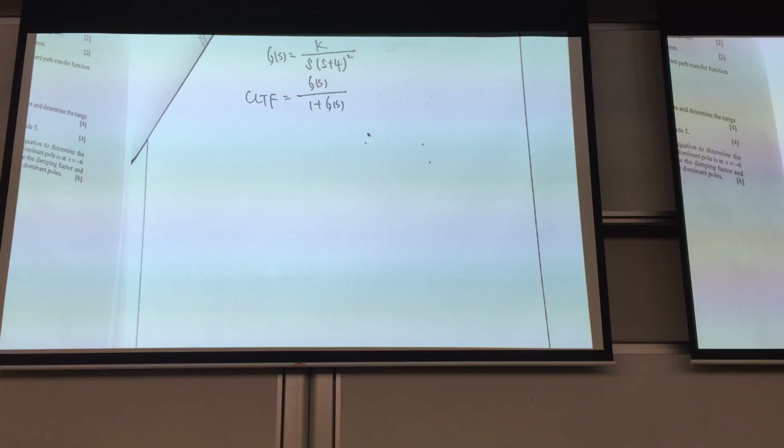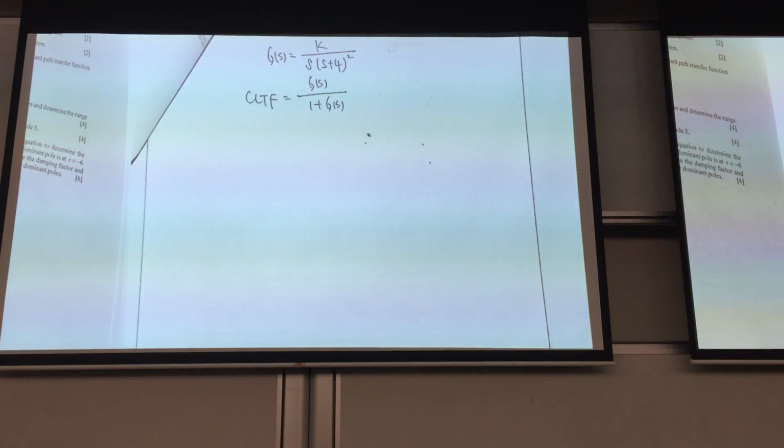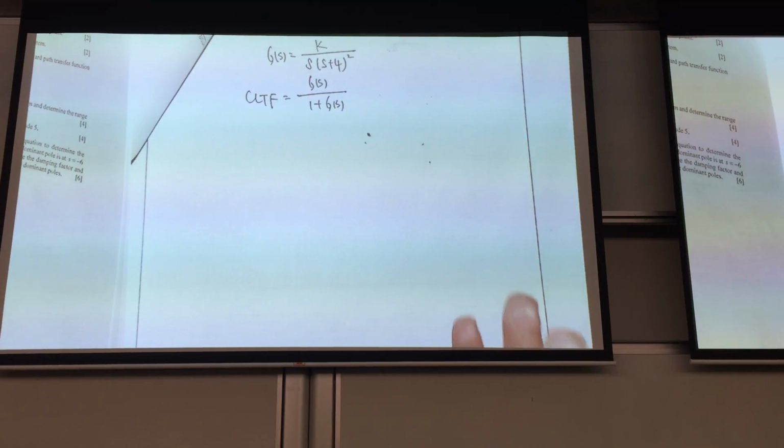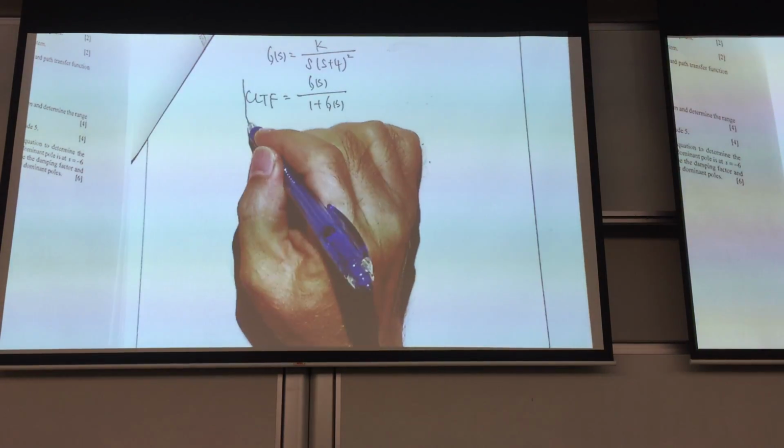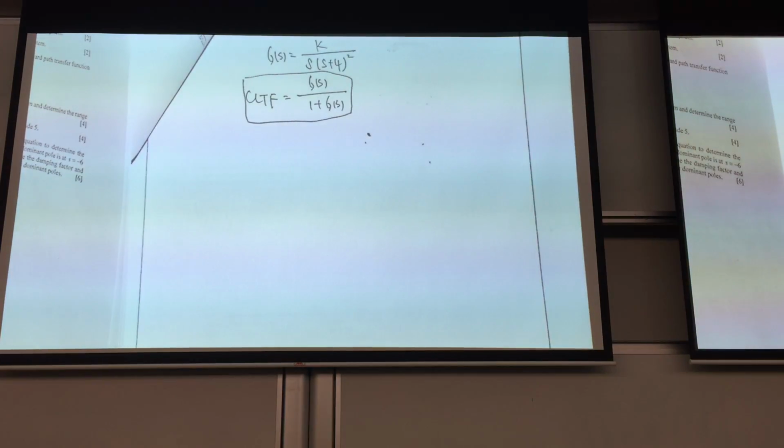Please don't do what you did in your assignment, trying to use the signal flow graph and all that. As I mentioned, there's nothing wrong if you have a lot of time, by all means. But when you are running short of time, you can just apply this formula and work out your closed loop transfer function.